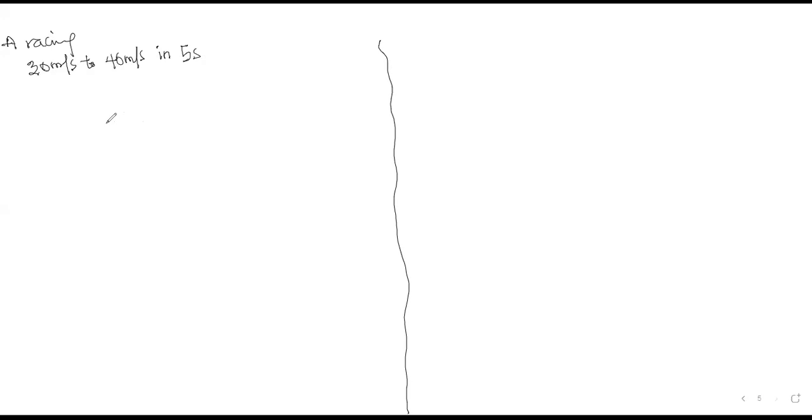The car is accelerating. Why? Because the speed is changing within a given time. So the question is: find the racing car's acceleration. Simple question.